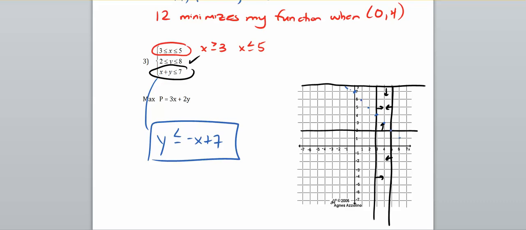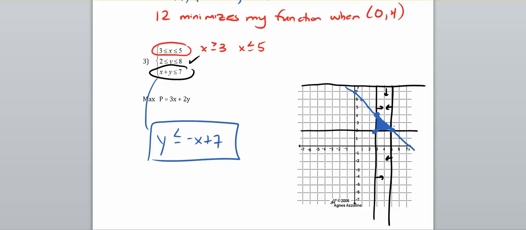Draw in my line. And I need to be less than or equal to that. Well, if I'm less than or equal to the blue line, and I'm greater than the vertical line and greater than this line, I'm actually in this triangular region again. So shade in that region.